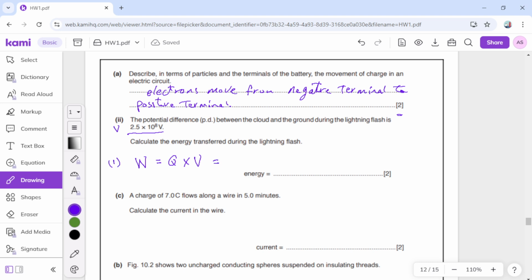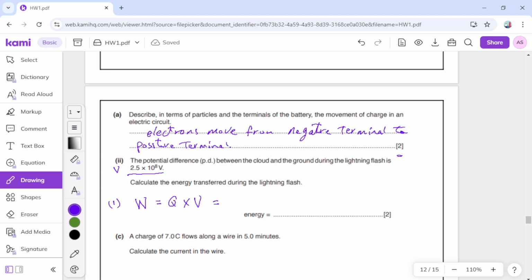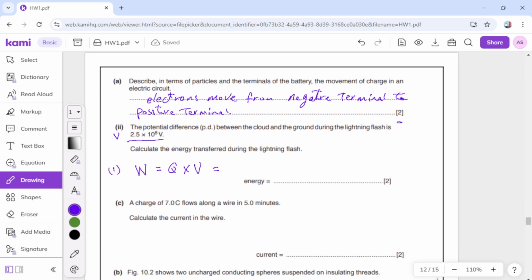Q is 0.84 multiply V, which is 2.5 multiply 10 power 8. Now what is the answer? 0.84 multiply 2.5 multiply 10 power 8 equals 21 multiply 10 power, how many zeros? 1 2 3 4 5 6 7 zeros, and the unit is joule.